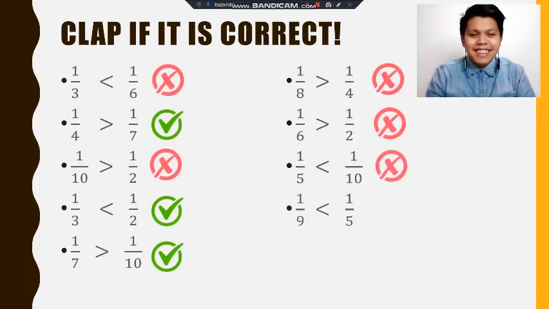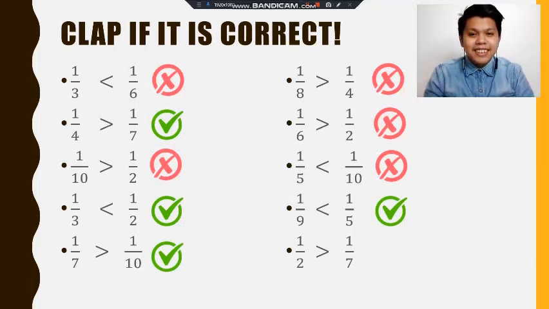Next, it's a clap. That is correct. And next, is a clap. Very good. Again, Pac-Man's mouth will always eat the bigger part of a fraction. Okay?